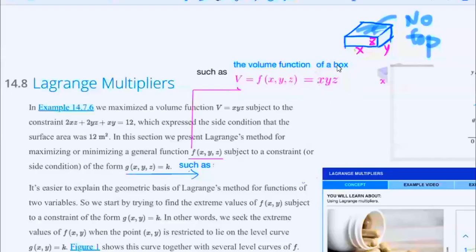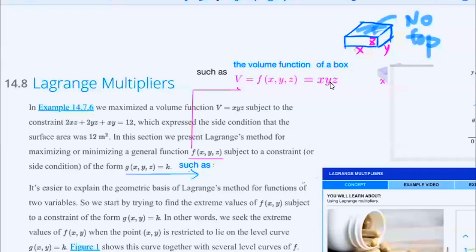We first express this function as a function of two variables, for example only x and y, using the constraint over here. And then, once this is a function of two variables, we find the critical points. How do we find critical points? Do you guys remember?